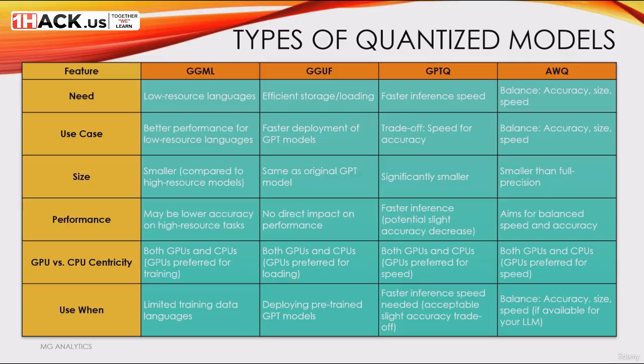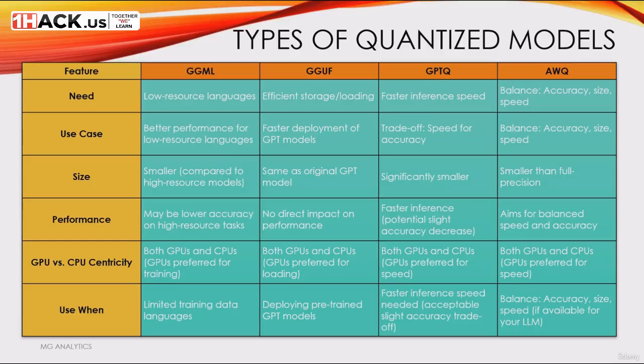The size of this model can be smaller than a full precision model, and it would probably have a lower accuracy in comparison to a high resource language model, but it is mainly made for low resource settings.